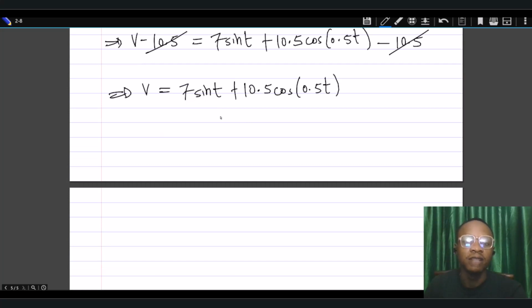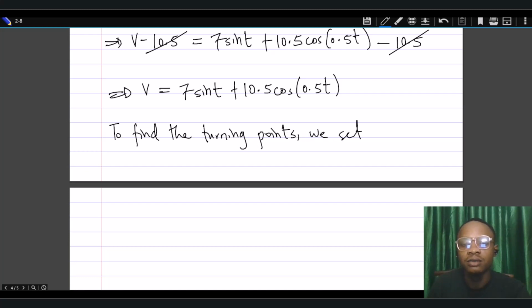So we want to find the time at which the velocity is equal to zero. To find the turning points of motion of the body, we set v to zero.